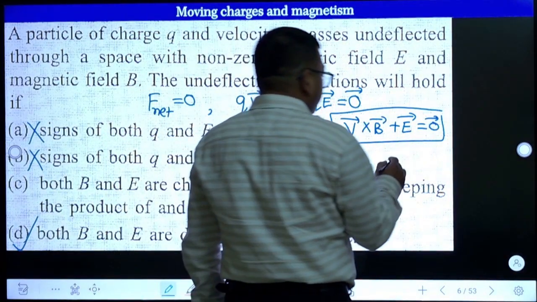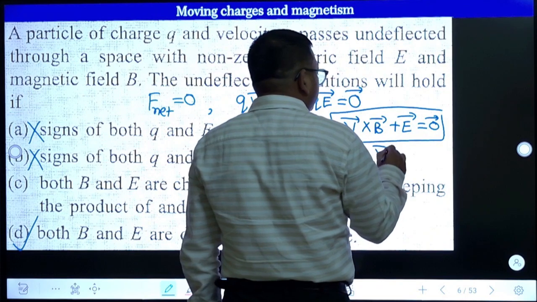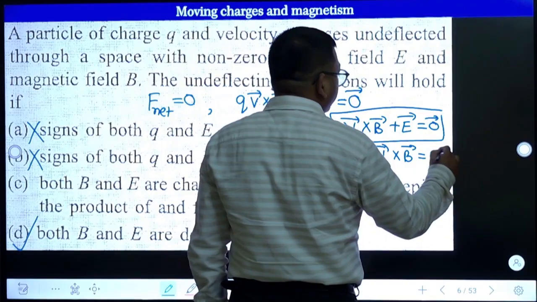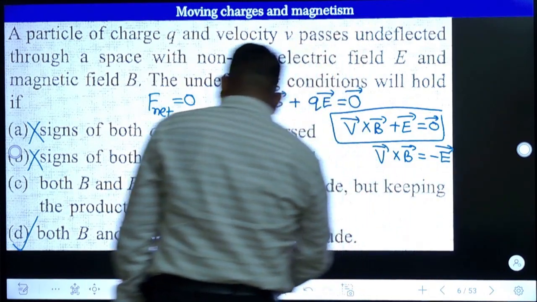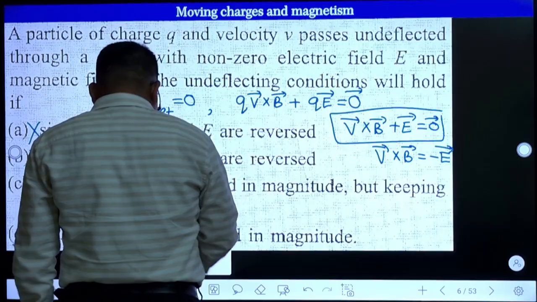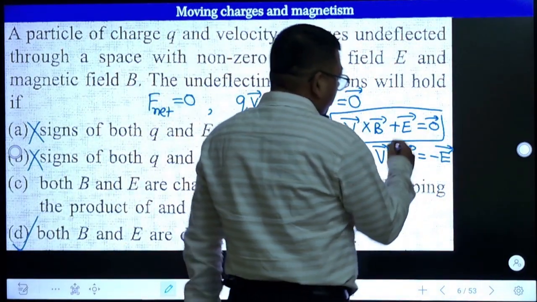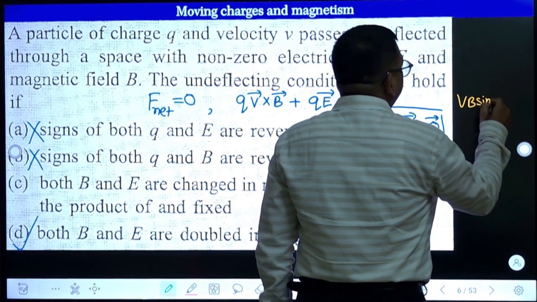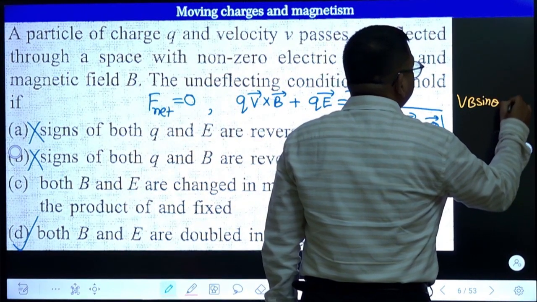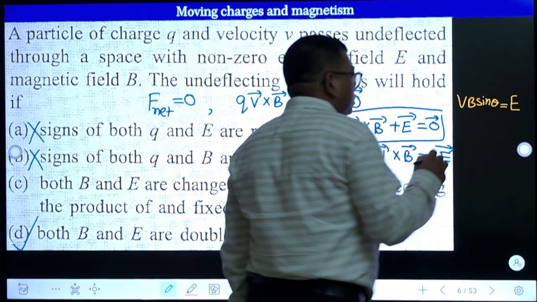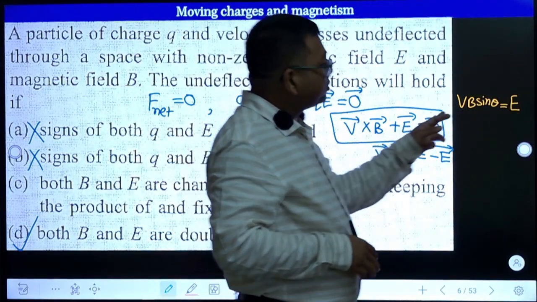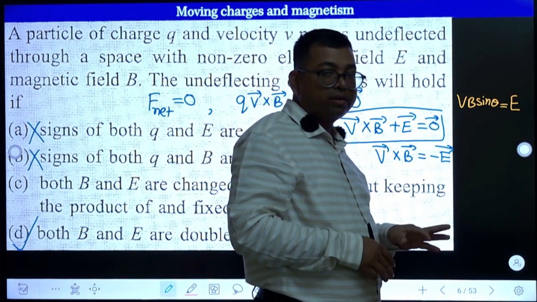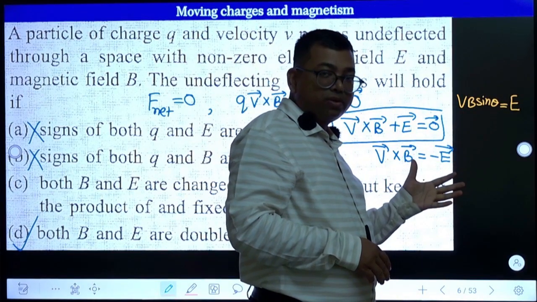Because suppose if I take that side, then V cross B becomes equal to minus C. Now let us take the magnitude. So magnitude of V cross B means VB sin theta, and magnitude of E vector means E. Now suppose if you change B, you have to change E by the same factor, then only this thing stays constant.